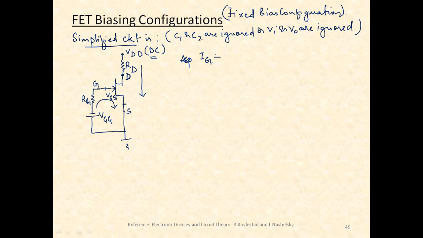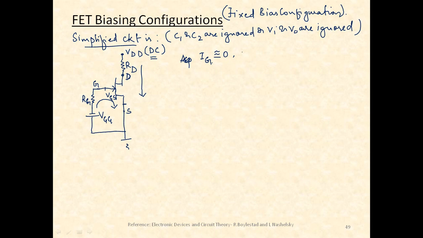What should be the gate current? The gate current has to be almost equal to 0. Ideally it should be 0, but practically it is almost equal to 0, because if there was significant gate current flowing, then the device would have got damaged. It would not have been called a voltage controlled device. So for that reason, IG will always be equal to 0.